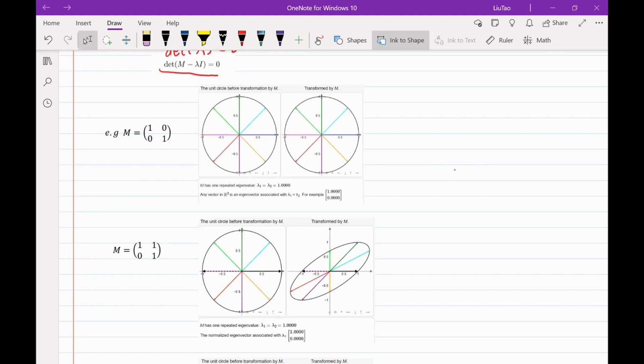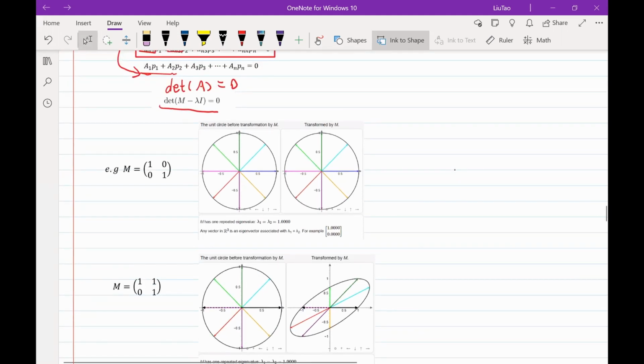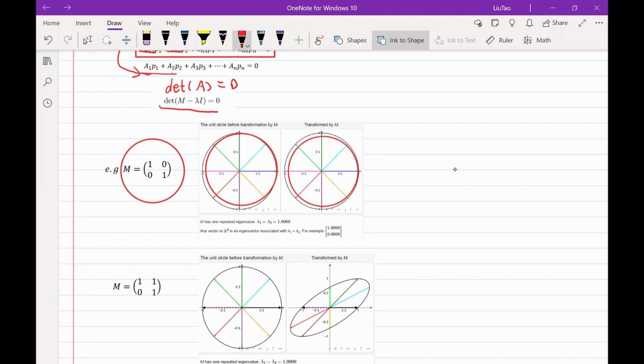Let's take a look at a few examples. For our first example, we have the matrix 1, 0, 0, 1. We do the same thing: we map a unit circle, and we get a unit circle exactly the same as the original.